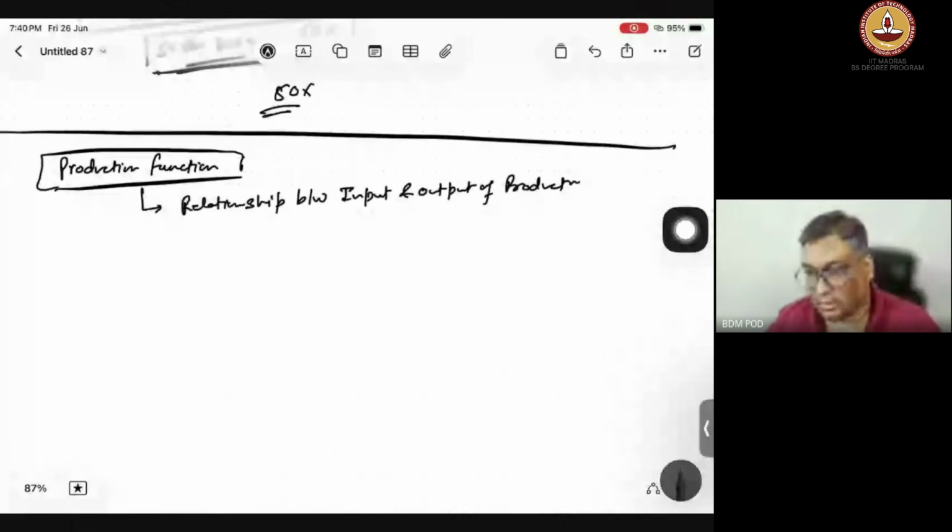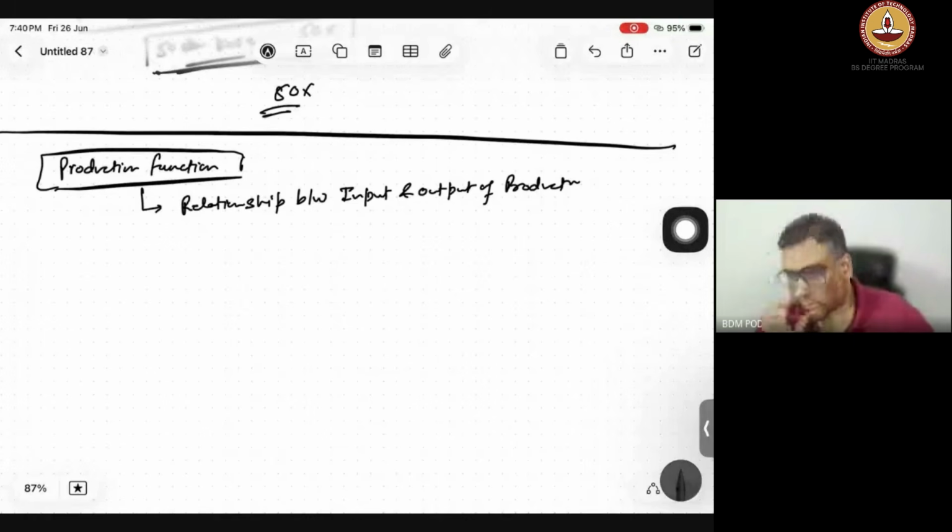Suppose you have an app design company. For an app design company, you need some computation power and you need employees to work. So these are the two input factors you need.